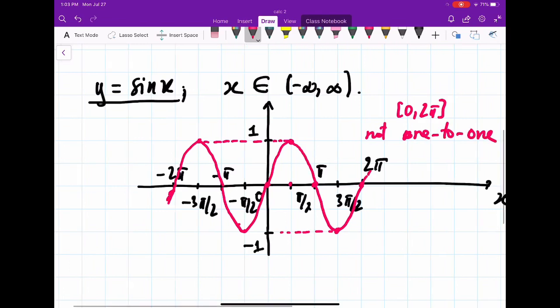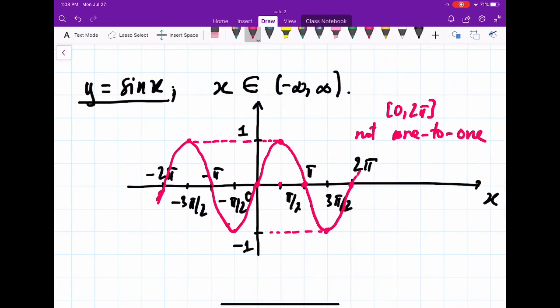Right? We know that a function has an inverse if and only if it is a 1 to 1 function. That means for each x there is only one y, such that y equals f of x, and for each y there is only one x, such that y equals f of x. So why are we talking about the inverse of psi?